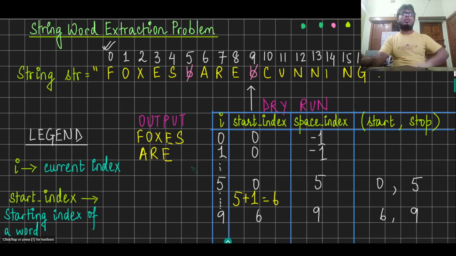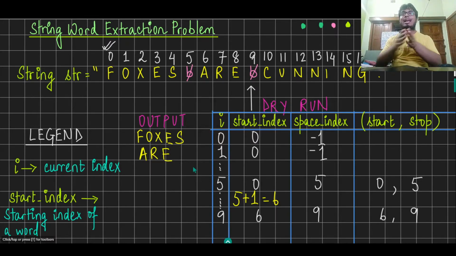Now, do you notice a problem? If we continue on to find a space, we would not get a space, isn't it? When are we extracting a word? Whenever we are getting a space. Now think about this.